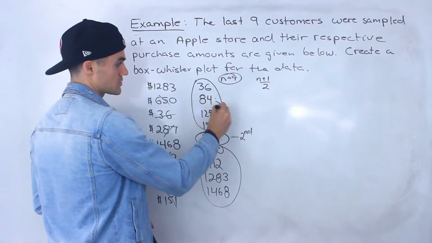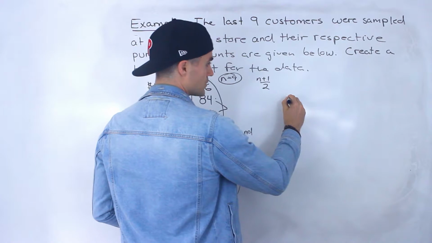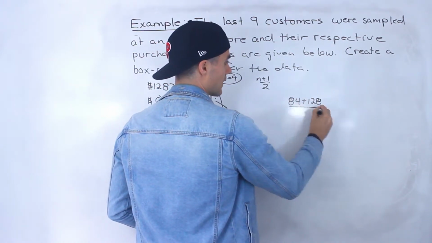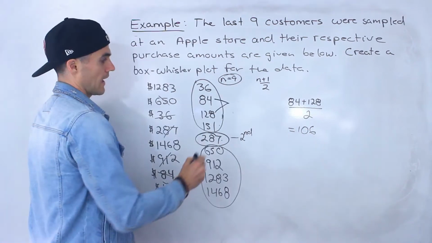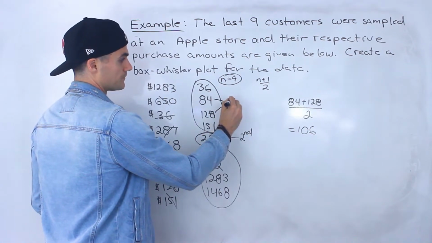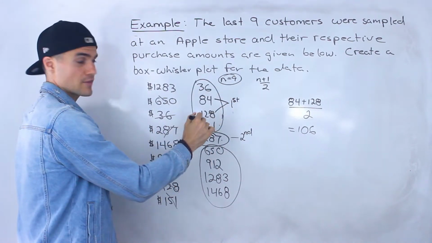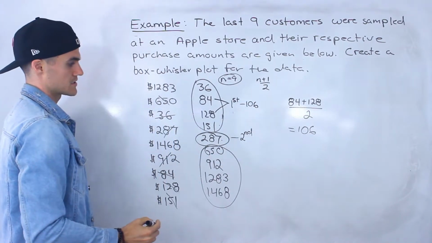The middle 2 numbers are 84 and 128. So if we do 84 plus 128 and divide that by 2, we would end up getting 106. And so that first quartile, which is the median of that first half of the data, is going to be 106.